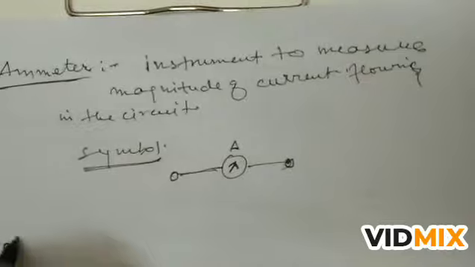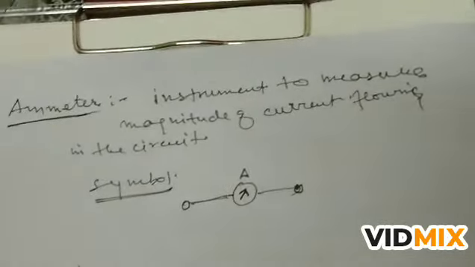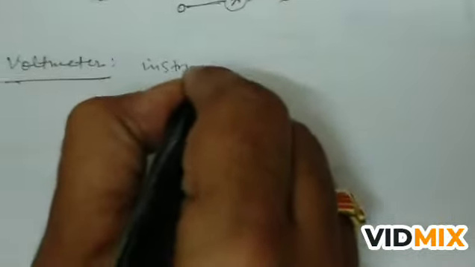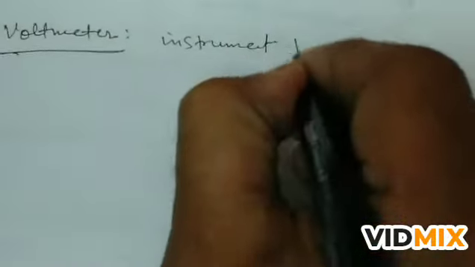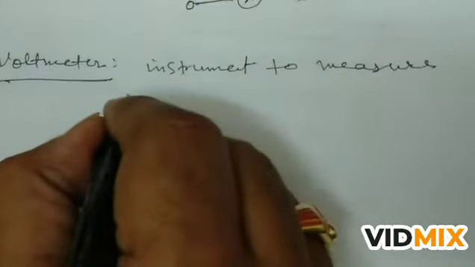Next is voltmeter. It is an instrument to measure potential difference.